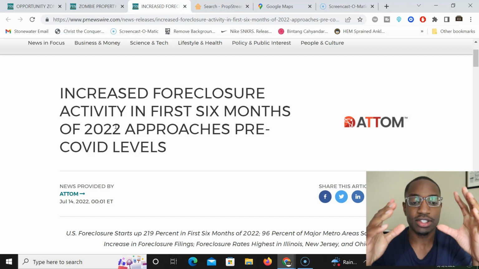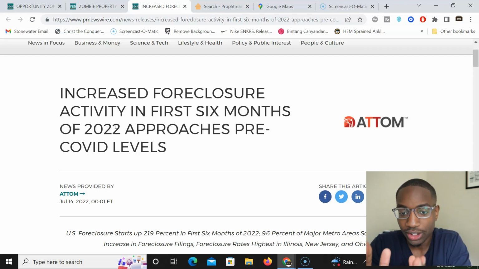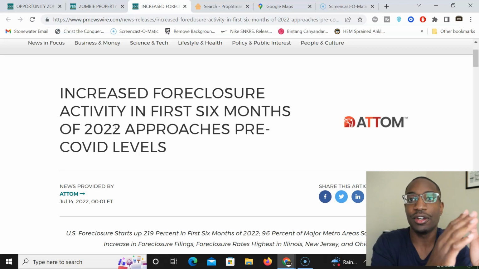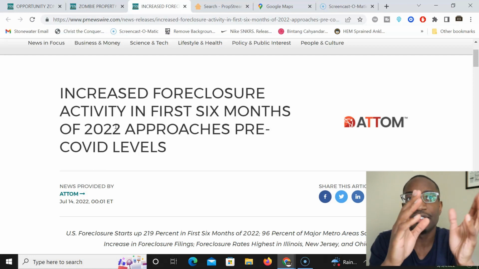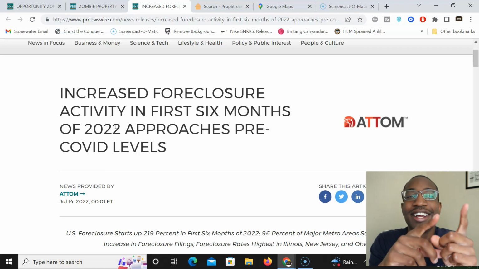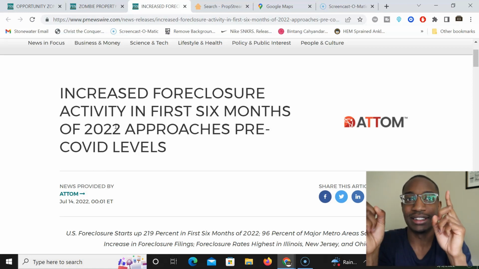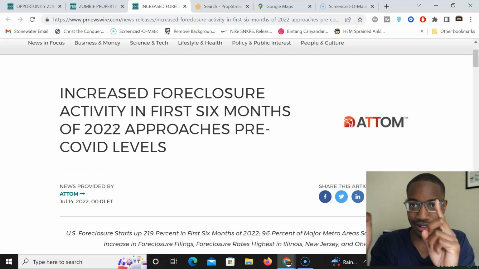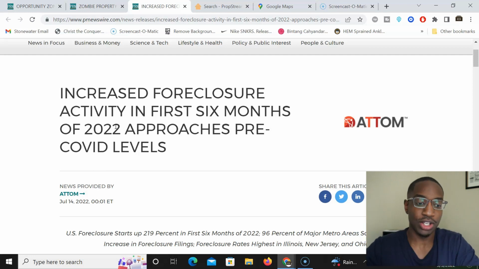Essentially what they're saying is the first 6 months in 2022 are almost exactly like the first 6 months of 2019, or 2020, right? Because the first half of 2020 was normal real estate data. And so we're reaching that area, and a lot of states have ended the moratorium on foreclosures.